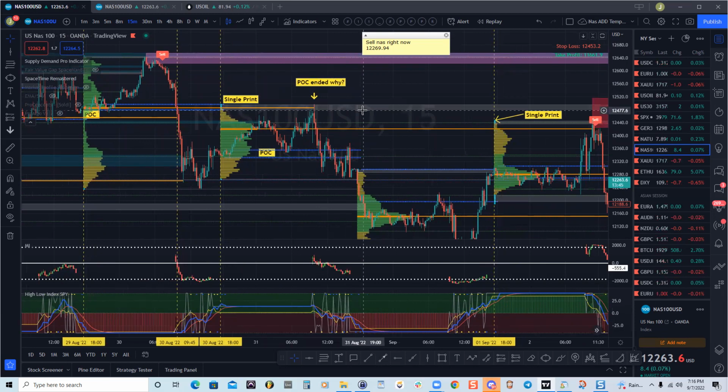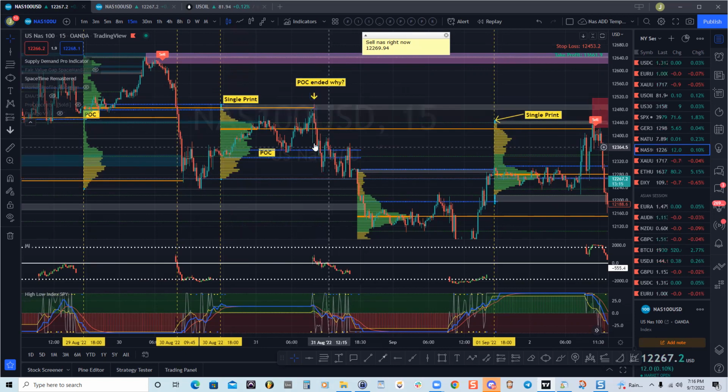If you look, that single print started 31st August pre-market, I think. So that's something you have to look at and see the behavior of this, and see why this is happening. This single print, you'd think this little gray box would die out, but it didn't. But this orange line did stop right here.